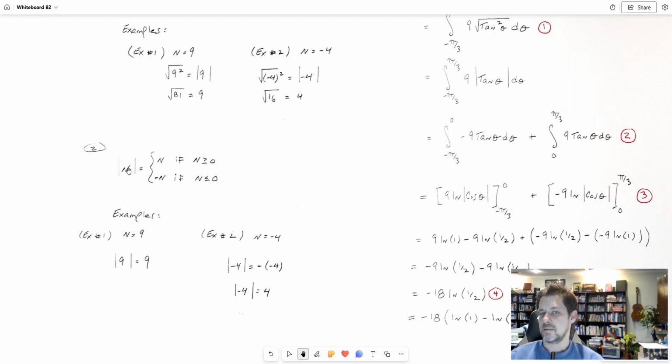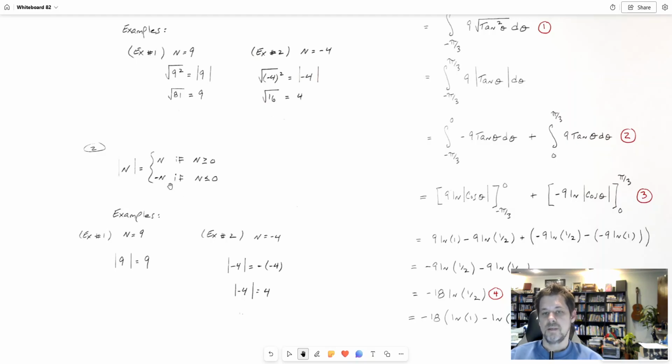That just says the absolute value of a positive number is that number. The other form we need to talk about is that the absolute value of a number n is the opposite of n if that number is less than or equal to 0. I shouldn't include the or equals to in both of these cases, but in the case of 0, it's going to work either way.